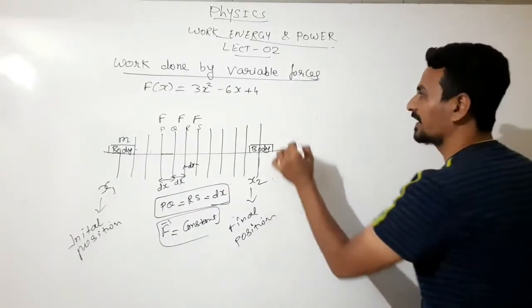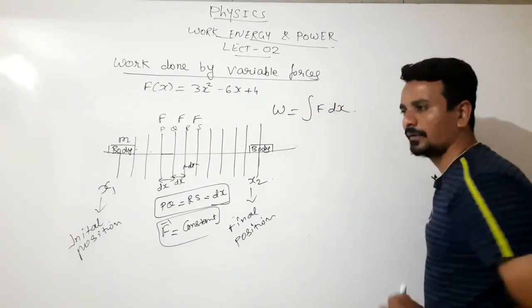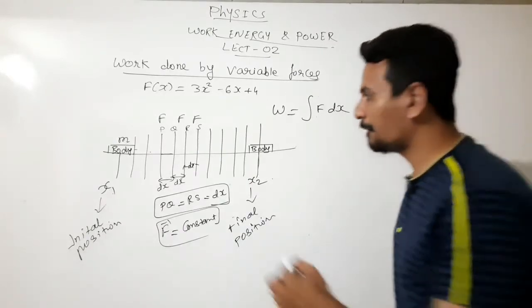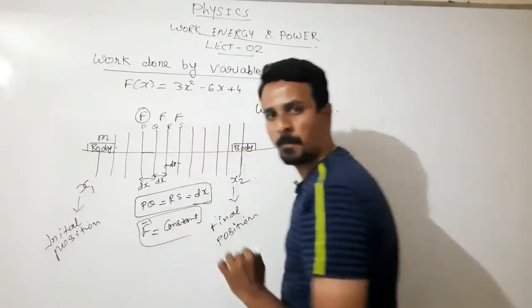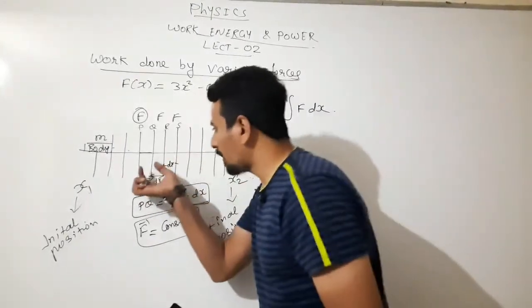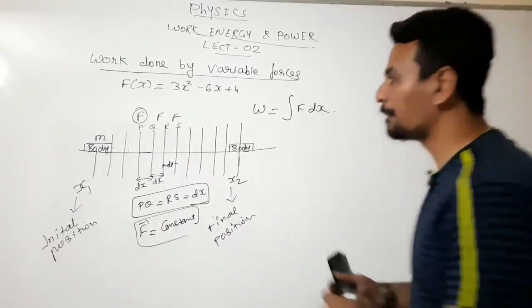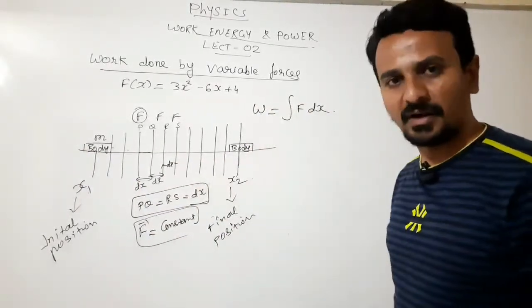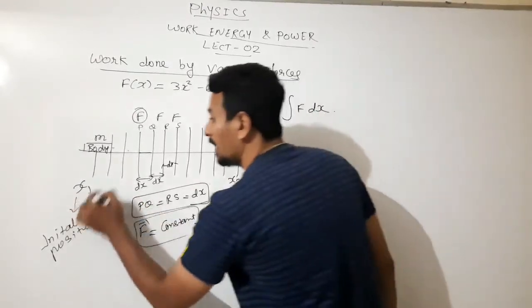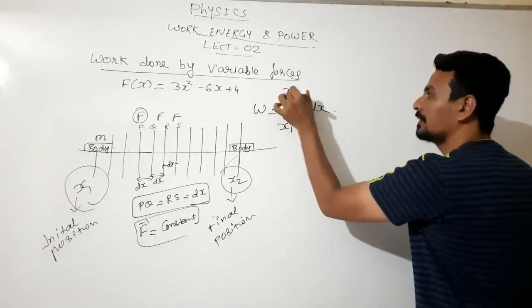So now we can calculate work done as the integration of F into dx, force into displacement. For a small displacement dx, work done is F into dx. So combining all these small displacements, we can calculate the total work done. Now we want the work done from say x1 to x2, so we'll give the limits.